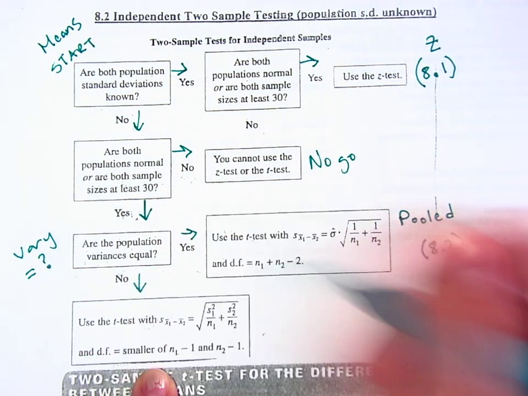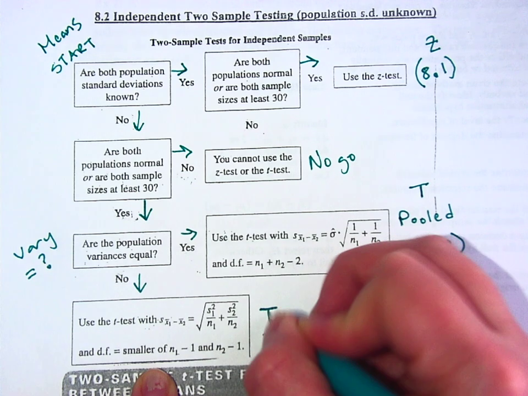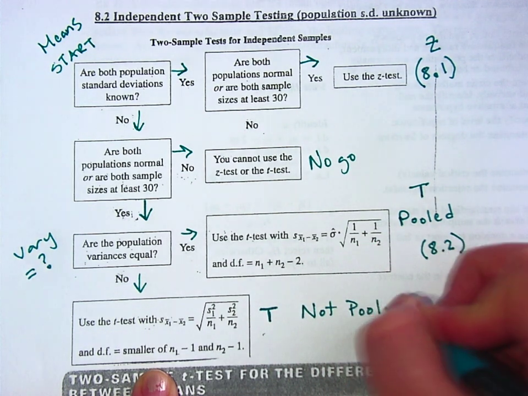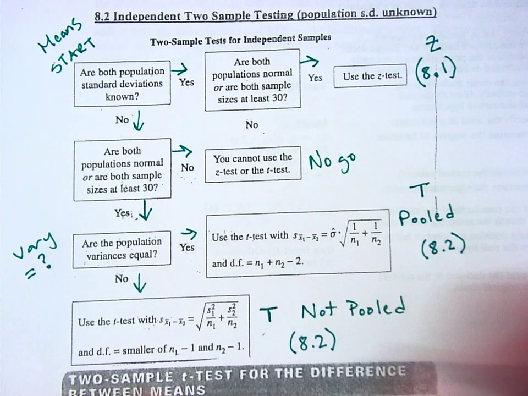And if the answer is no, it is still a t-test. This is not pooled. I have no idea why it's called pooled or not. It really doesn't matter. The only thing that matters about that is that in your calculator, the test says pooled or not pooled instead of variances equal or not equal.